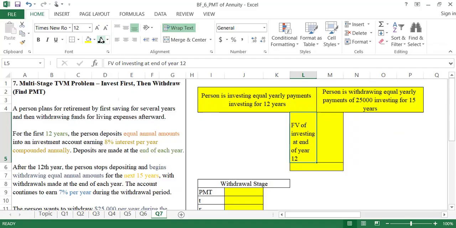If a person invests for multiple years and then wants to take out money from that, all the money he can take out is only equal to the money that he has at the end of that period. So for 12 years, he's investing; the future value of the entire cash flow stream at the end of year 12 should be equal to the present value of all the withdrawals.